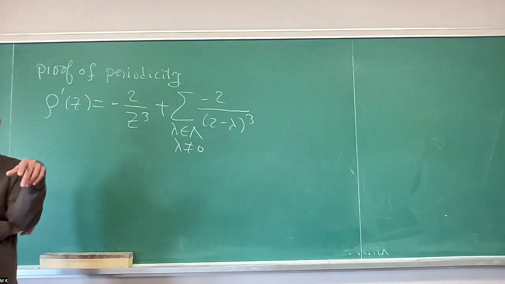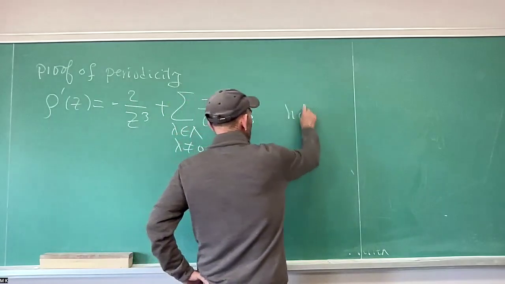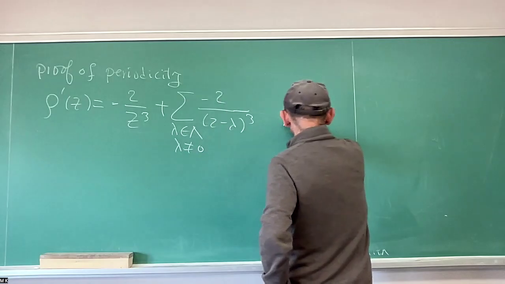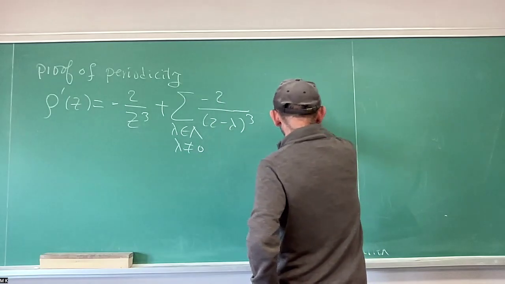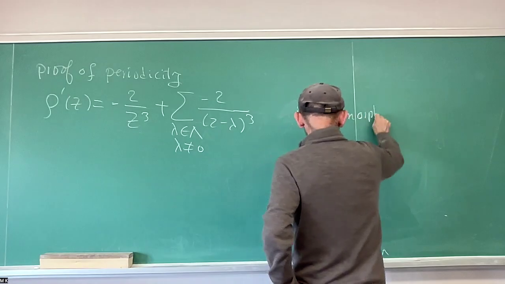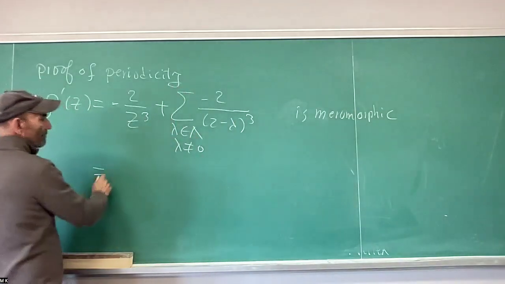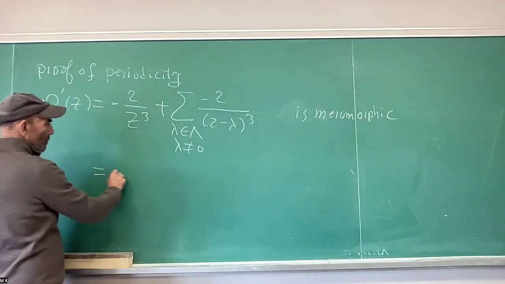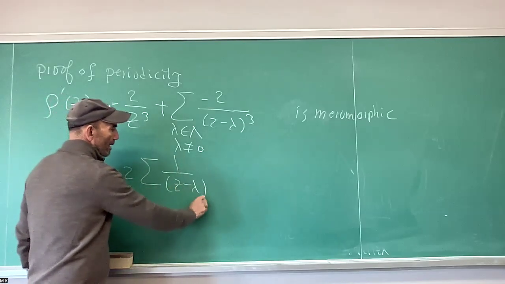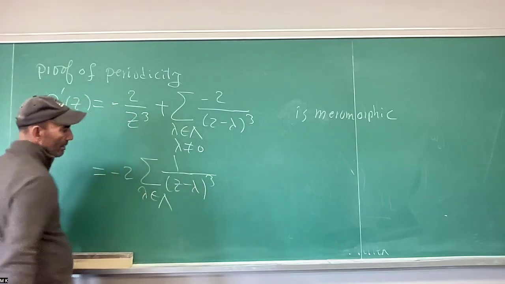You get that because that term cancels. And again, this is a meromorphic function. And actually, you can now write it in the form that I wrote as averaging. This is minus 2 times the sum of 1 over (z minus lambda) cubed, lambda belonging to Lambda.